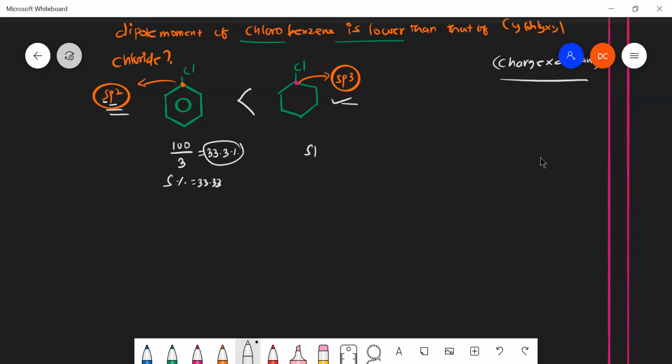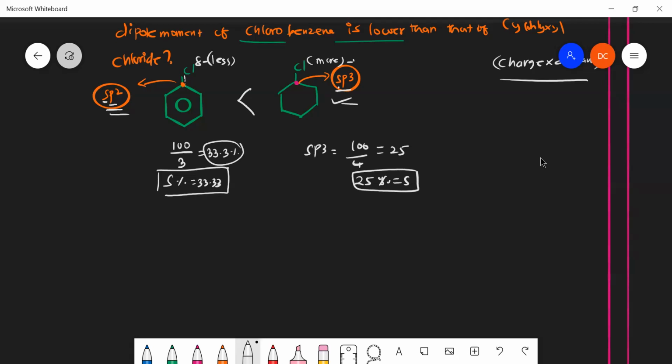But here in SP3, 100 divided by 4 orbitals, 1s and 3p, so the s character is only 25 percent. The more the s character, the stronger the bond. Moreover, it can form partial double bond character, so its negative charge is very less, and here the charge is more. The negative charge is more here, so it has a higher dipole moment.